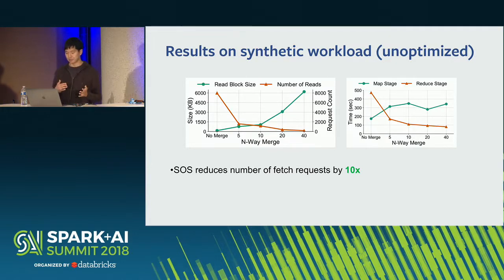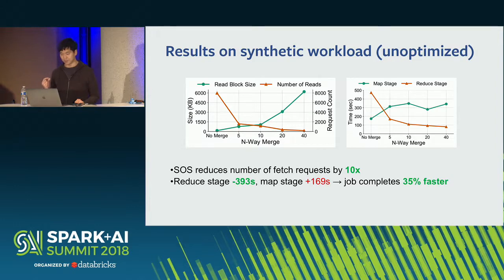That was the I/O side of the story. Now, if we look at how this affects compute, we can look at this graph. Again, the far left is without SOS. Because we're reducing the shuffle I/O and how expensive that shuffle I/O is, the time taken for the reduce stage is decreasing significantly as we increase the merge. However, one thing we see is that the map stage actually increases.